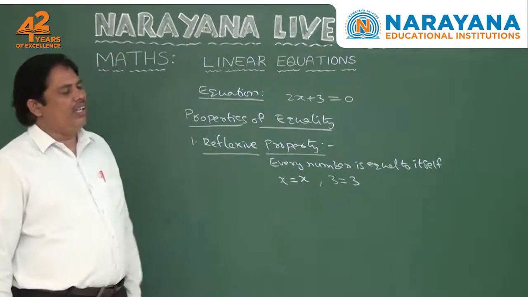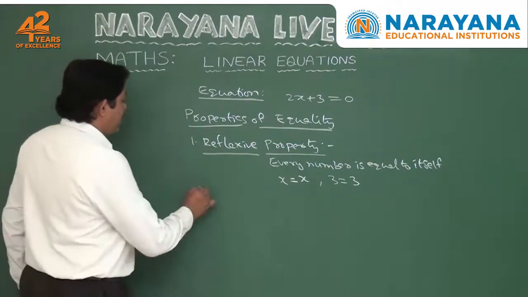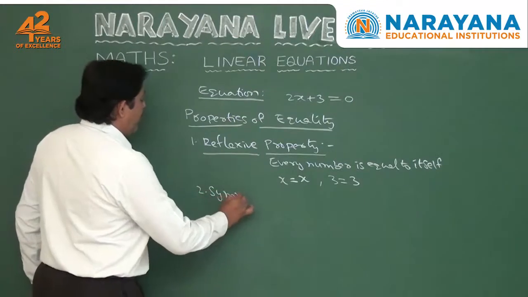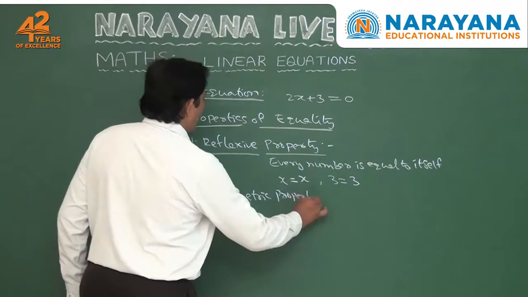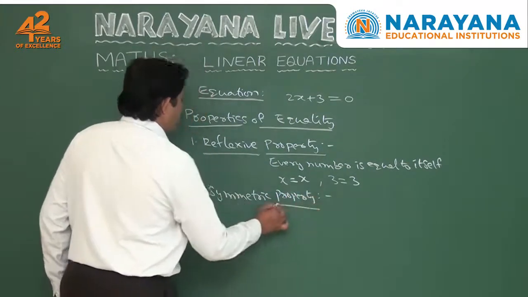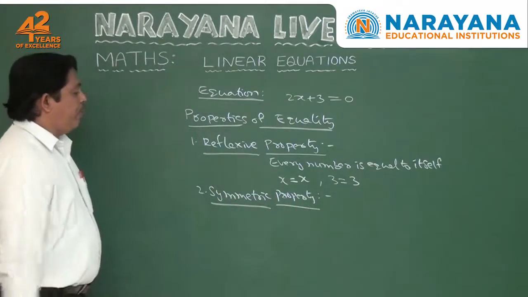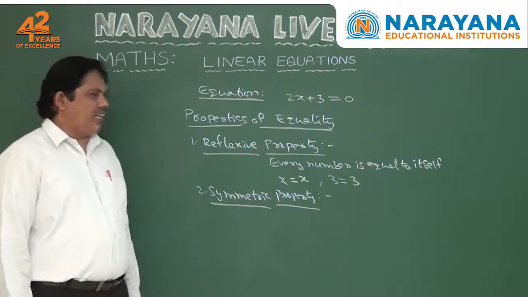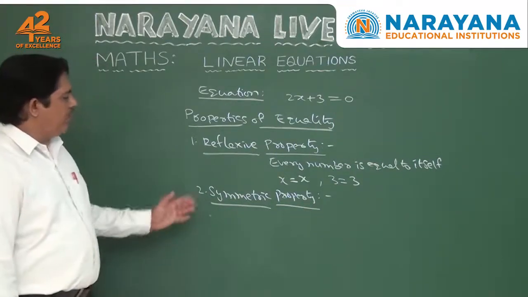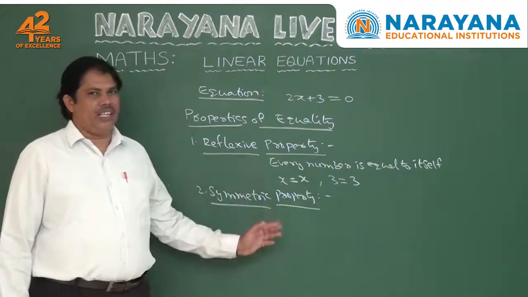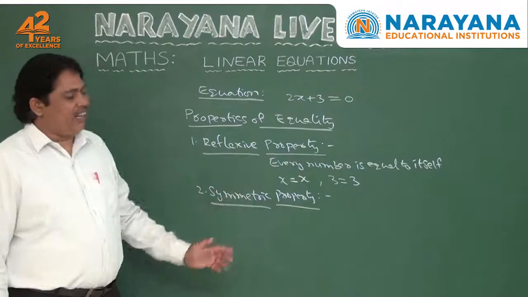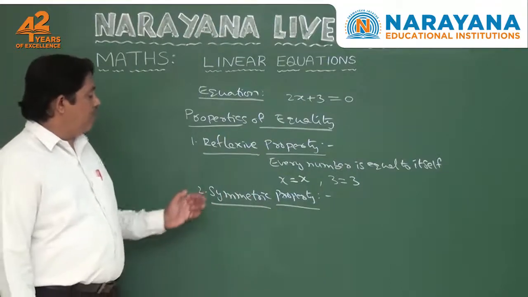Coming to the next property, that is the symmetric property. What is the symmetric property? For any two numbers, if the first number is equal to the second, then the second number is also equal to the first.